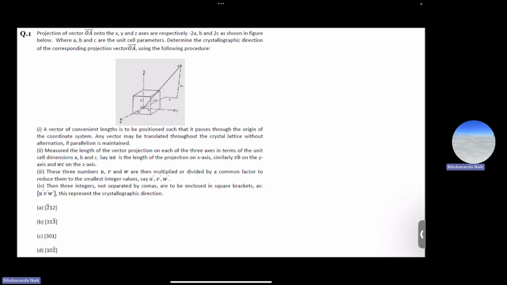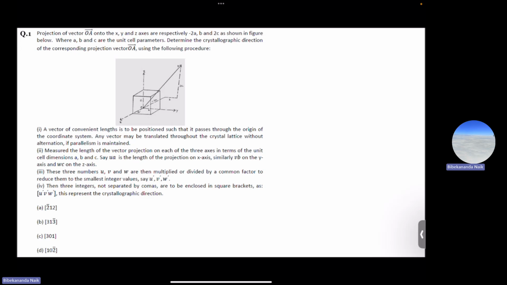What procedure will we follow? A vector of convenient length is to be positioned such that it passes through the origin of the coordinate system. Any vector may be translated throughout the crystal lattice without alteration if parallelism is maintained. Measure the length of the vector projection on each of the three axes in terms of the unit cell dimensions a, b, and c.